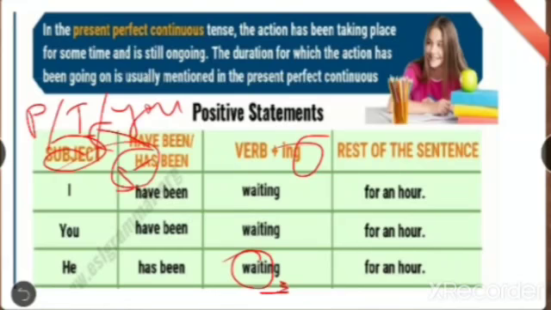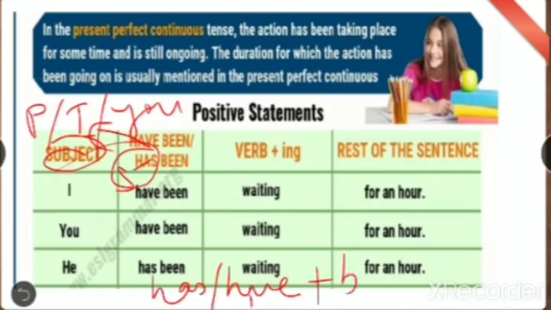Now when you are in fifth standard, what I used to ask you to write, I used to ask you to write the formula beside the title, right? So that it becomes easy for you. So you can do that. You can write. I don't have space over here. Where should I write? Has or have plus been plus ing.